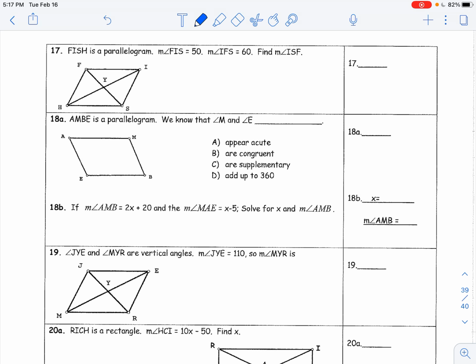All right, this is the second part of our review, and we're picking up with question number 17. FISH is a parallelogram. The measure of angle FIS, this angle here, is 50 degrees.